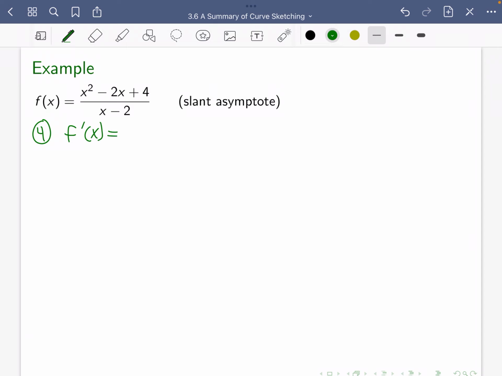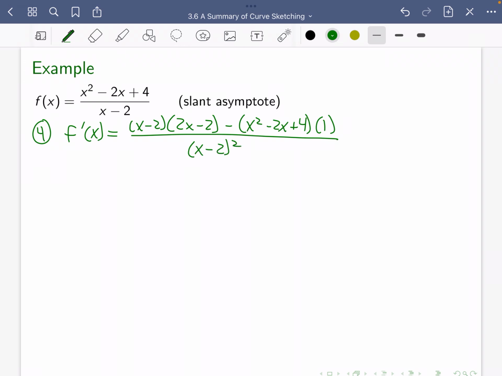And here we will have a quotient rule, so low d high minus high d low, square the bottom, and away we go. So that is our derivative.